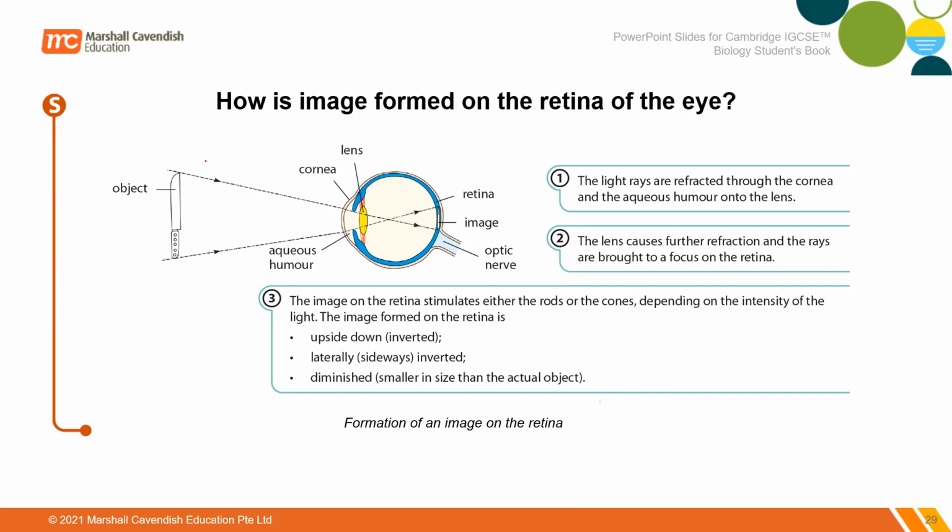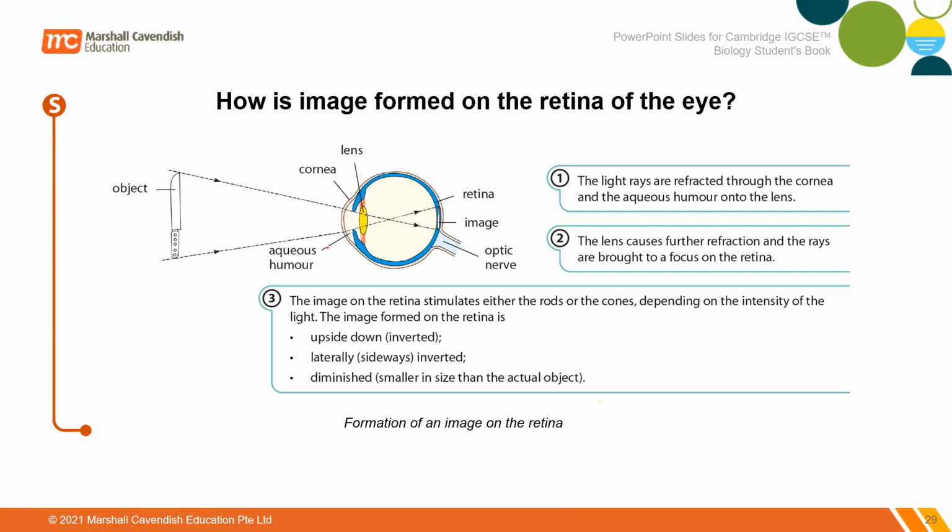Fine. This is a diagram to show you, if we have an object, how the image forms on the retina of the eye. Okay. Light rays will be refracted.